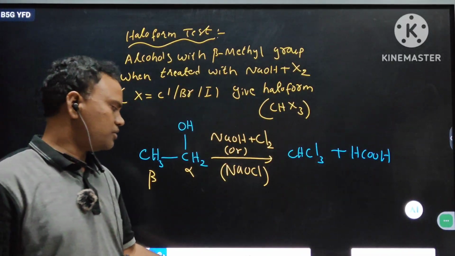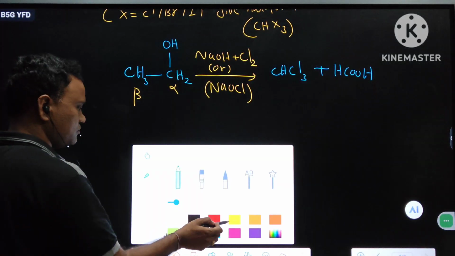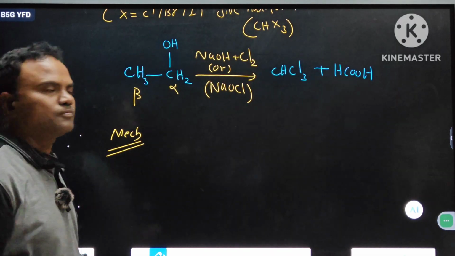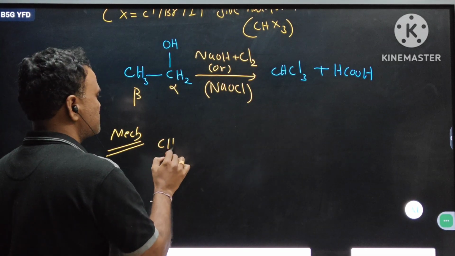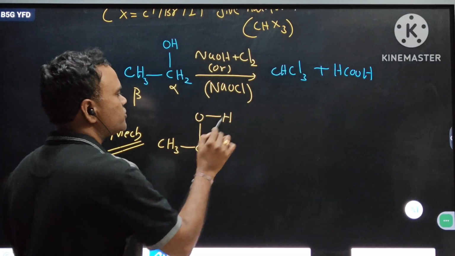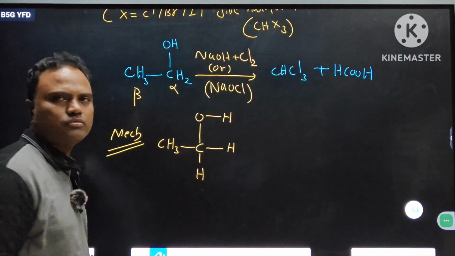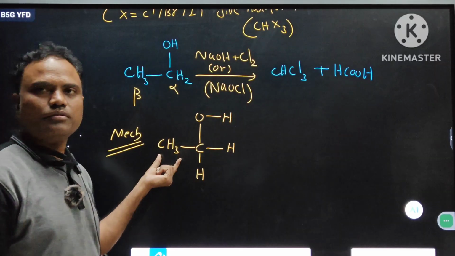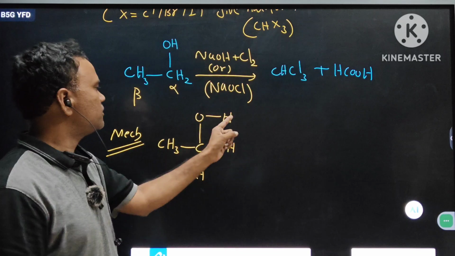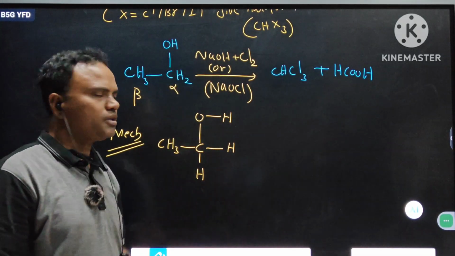See the mechanism. CH3CH2OH: I am writing O like this, O bond H, and the hydrogens separately.